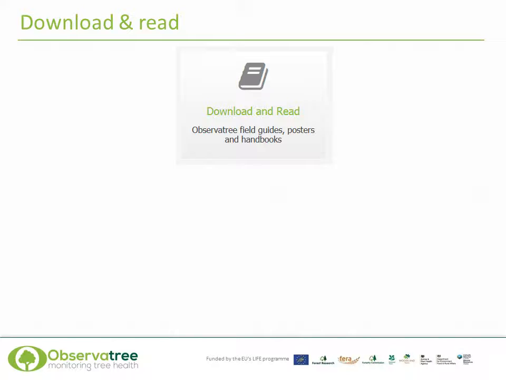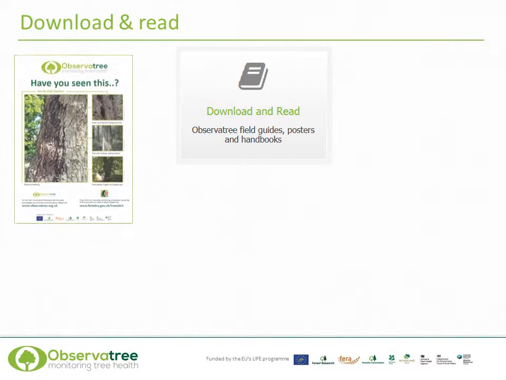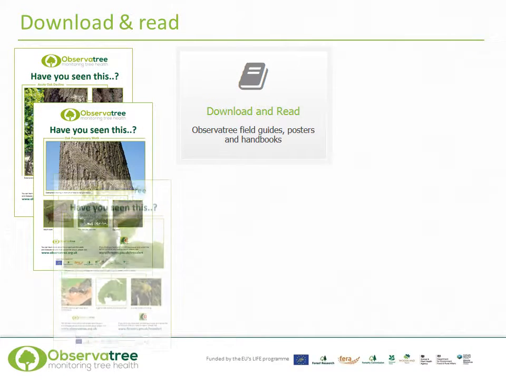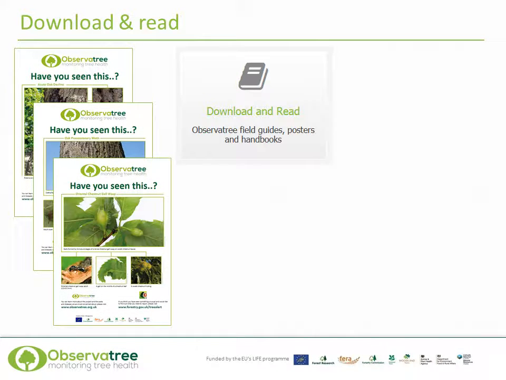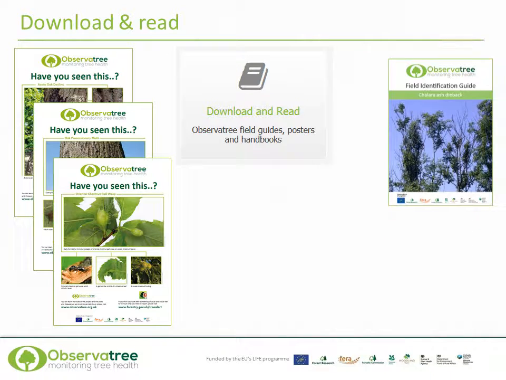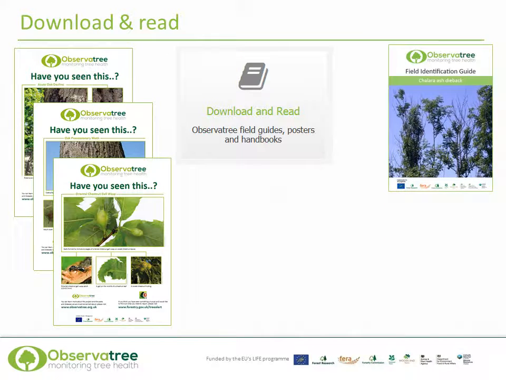Observatree have developed a number of materials which can be downloaded and used by anyone who wishes to. This includes a series of posters which focuses on important threats to trees in the UK. These posters have clear images of the pest or disease in question and its signs and symptoms. A large number of detailed field guides are also available, which include information on specific pests and diseases of concern.